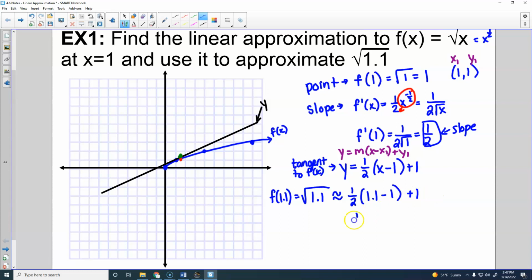And that would be 1/2 of 0.1 plus 1. 1/2 of 0.1 is 0.05, plus 1. And then we'll get 1.05 for our approximation here. If we type it into the calculator, the square root of 1.1 is 1.0488. So it's pretty close.